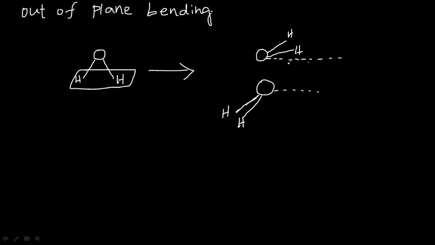So if two hydrogen atoms are moved above the plane or below the plane, this type of vibration we call wagging. Right. Next one is twisting.